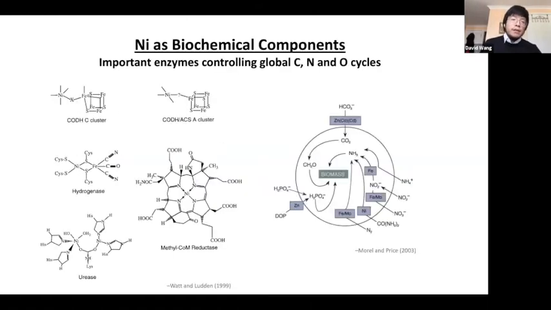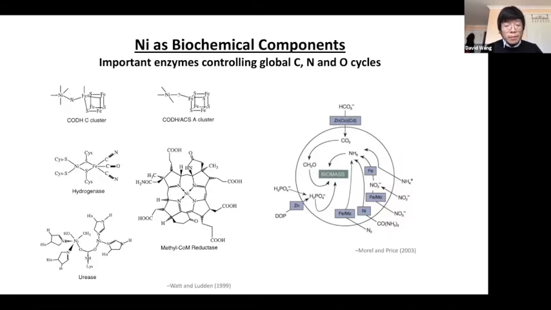As a bioessential element, nickel plays a key role as a cofactor in many important enzymes, like hydrogenase, which catalyzes a reversible transformation between protons and hydrogen, and urease, which catalyzes the hydrolysis of urea to ammonia and carbonic acid.